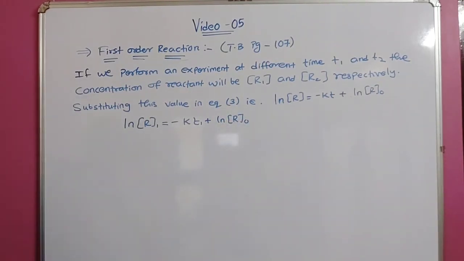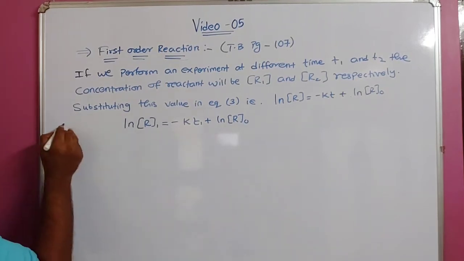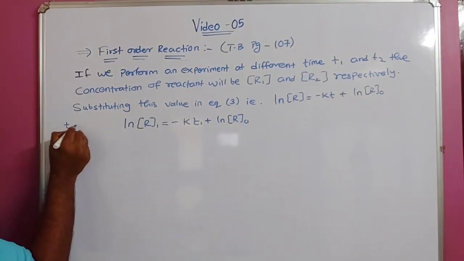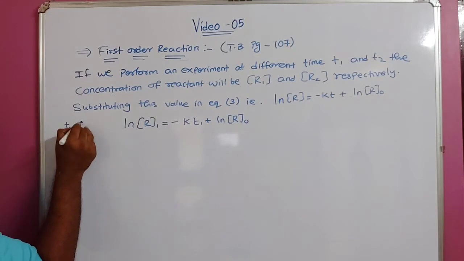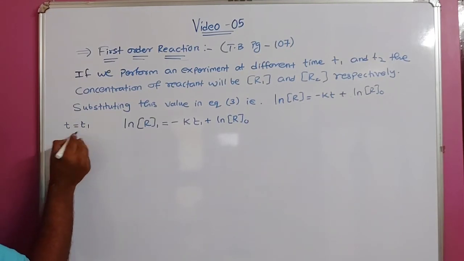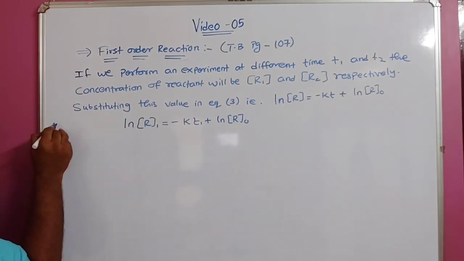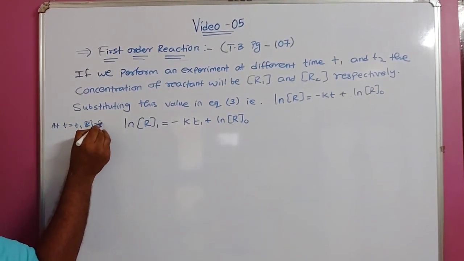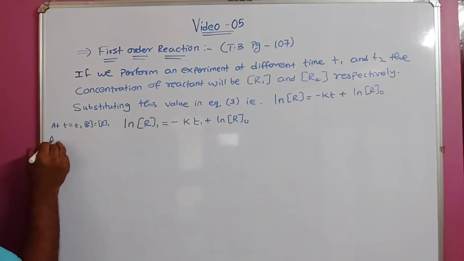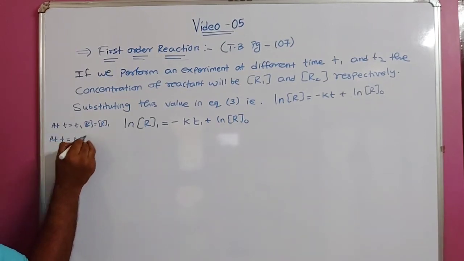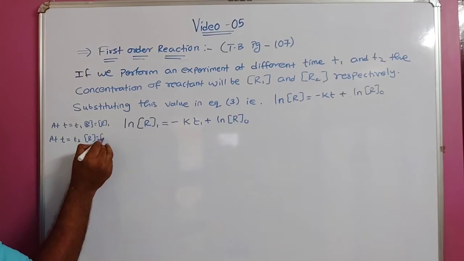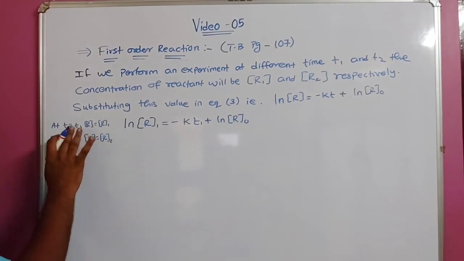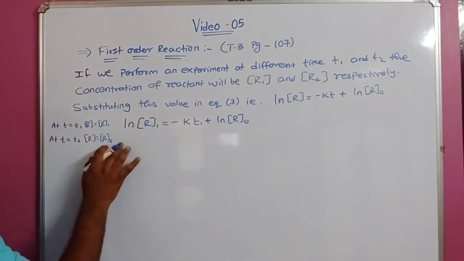And in the second condition, at time T is equal to T1, R will be equal to R1. Same way at time T is equal to T2, R will be equal to R2. You don't write this, this is just for your information.